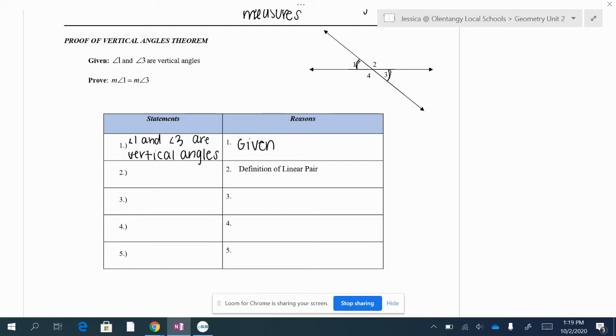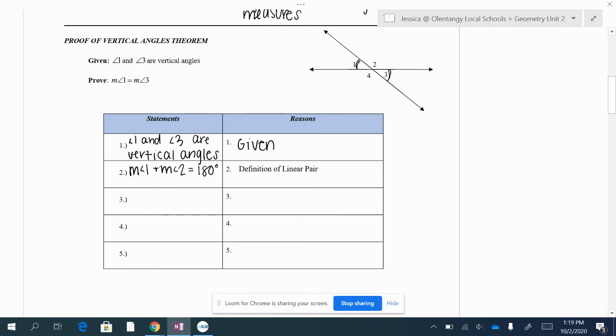So for example, if I look in this picture, I know angle 1 and angle 2 are a linear pair, so they should add to be 180 degrees. So let's try that. Measure of angle 1 plus measure of angle 2 equal 180 degrees.